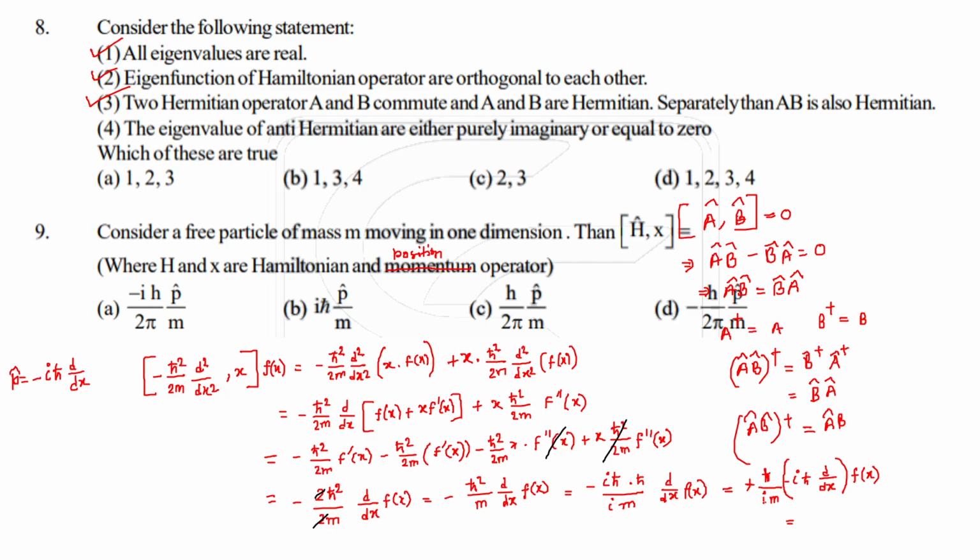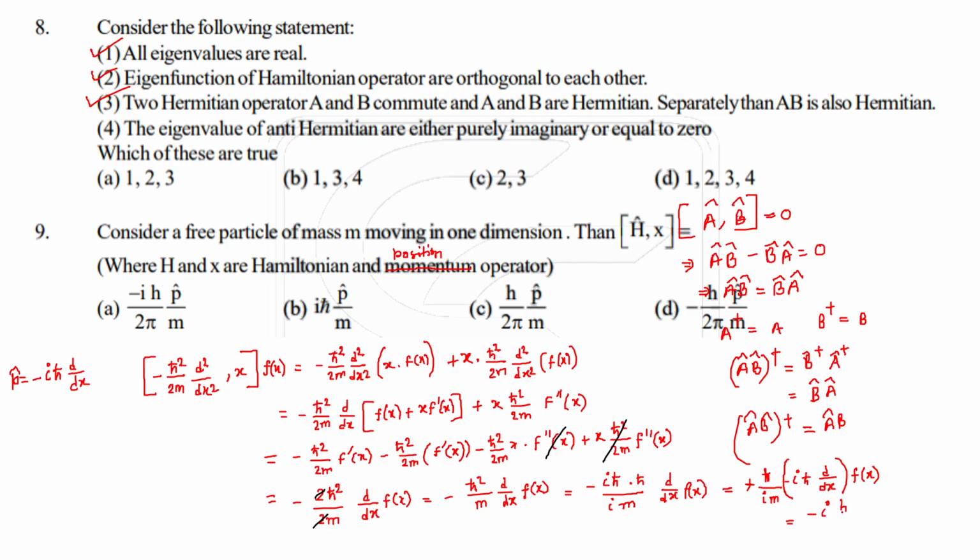This i in the denominator can be taken as minus i also. If you multiply i again in the numerator, you have to multiply in the denominator, and in the denominator you are going to get minus 1. So minus i.